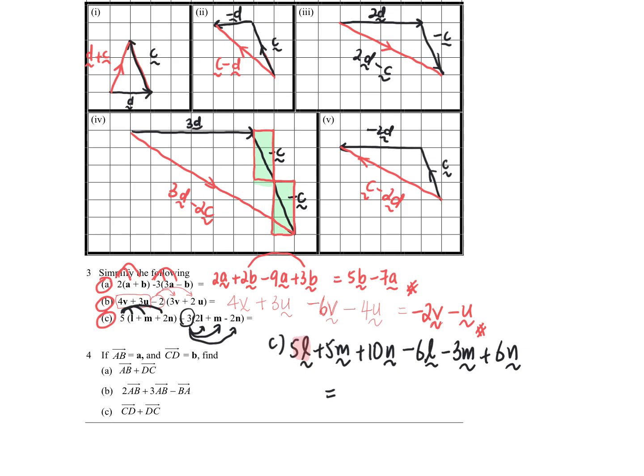So the algebra is 5L minus 6L is minus L. Then 5M minus 3M is plus 2M. Last one is 10N and 6N, so 16N. So the final answer is still working like algebra. Just make sure you put the curly tail.